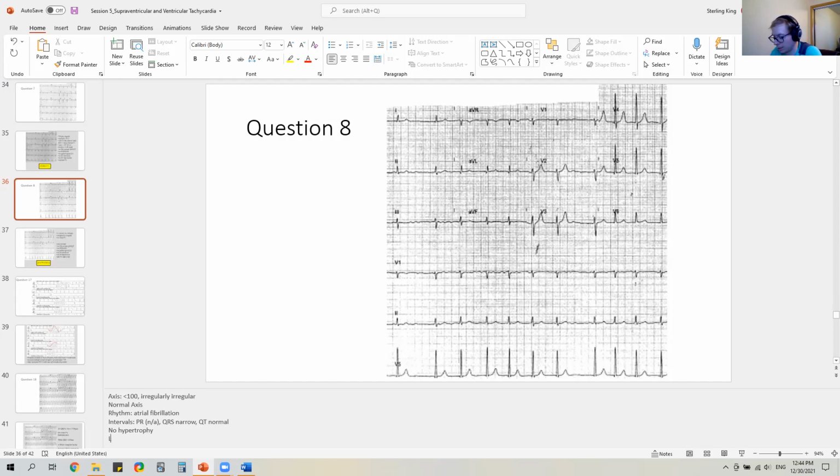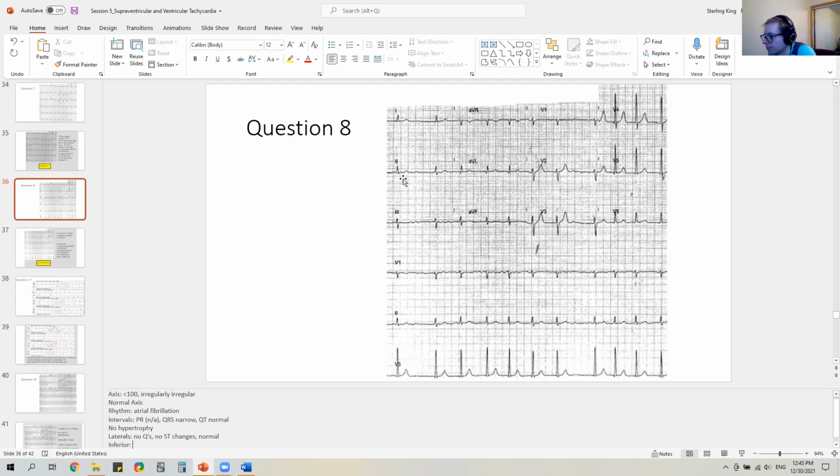Now checking the laterals. No Qs, no Qs, no Qs, no Qs, no Qs. Checking our STs. Looks normal. Yeah, no ST changes. T waves: normal, normal, normal, normal, normal.